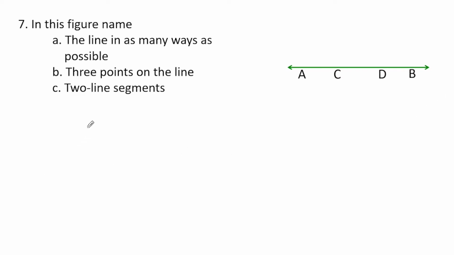So let's write line segment AC, and we represent it with just a small line over here. It's like the hat. Then line segment DB.